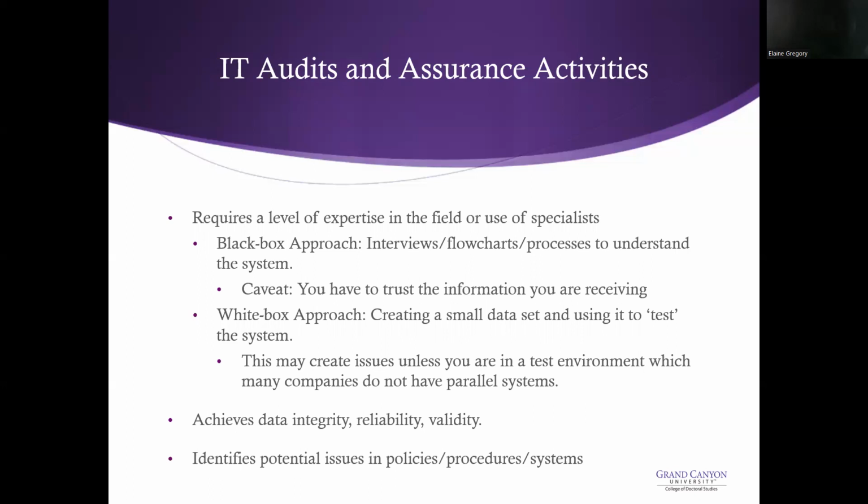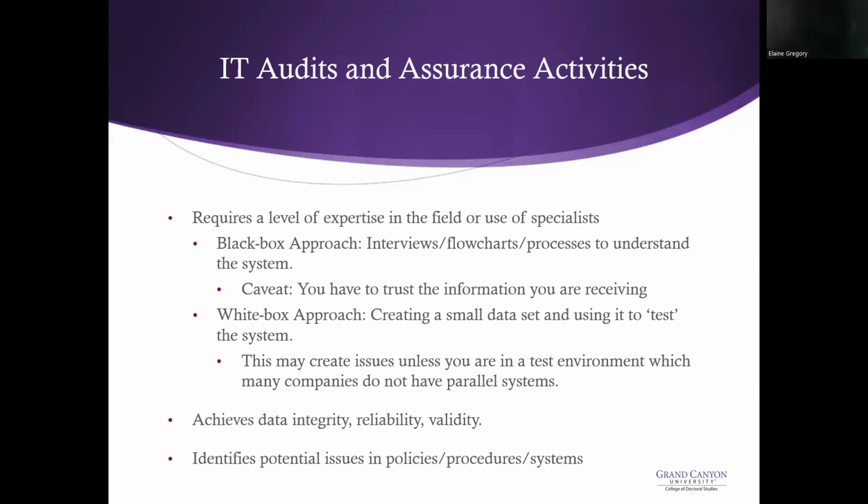There are two kinds of processes the auditor uses today, and I've used both of these, with advantages and disadvantages. The first one's called the black box approach, and that's kind of where we don't look at the system itself, but we look at all the users and the policies of the system, the flow charts of the system, and we gain an understanding of how the system should operate.